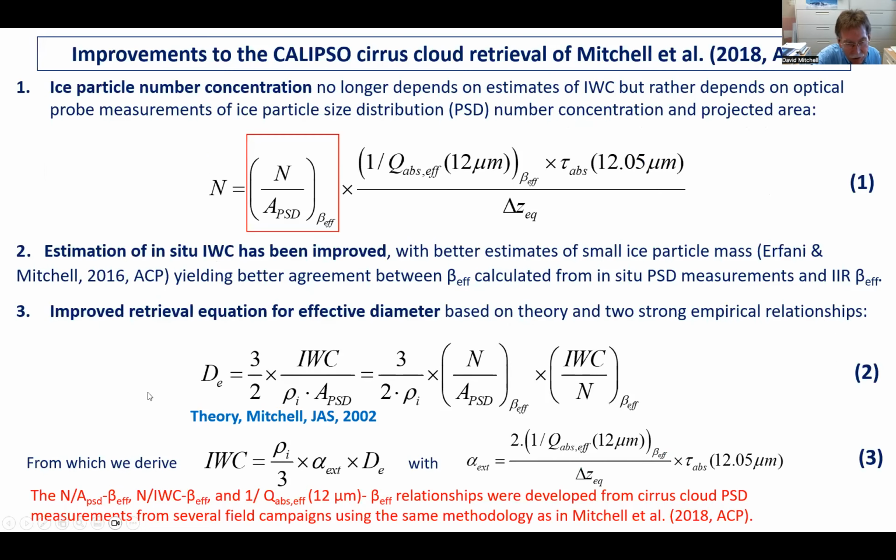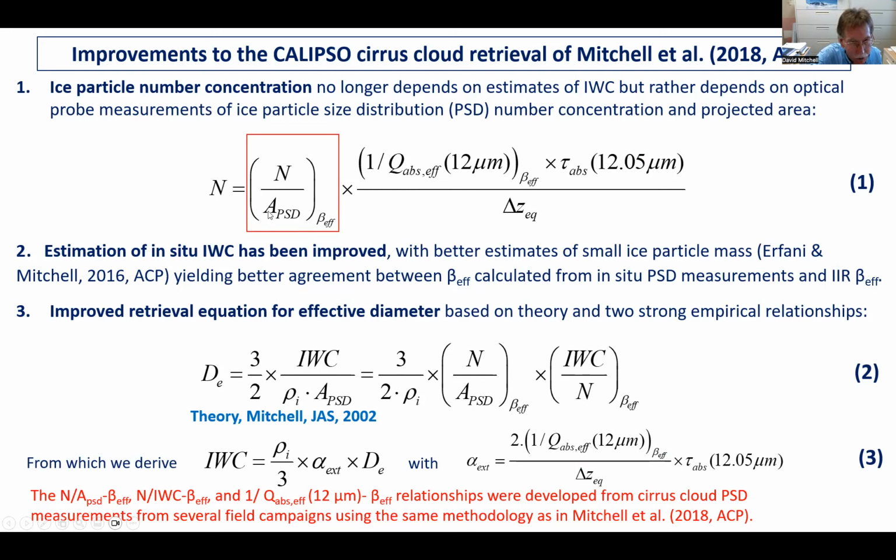So here are the retrieval equations. The number concentration, we made a change in that compared to the previous version that was published in ACP 2018. So this new version is using the area of the size distribution, which is directly measured by the probes.